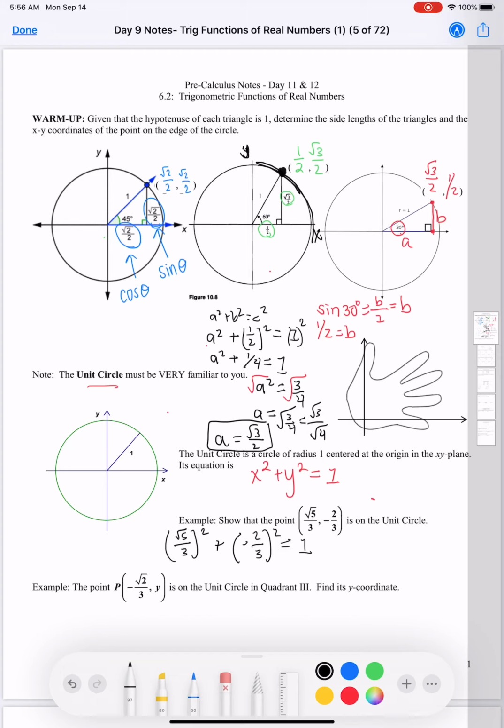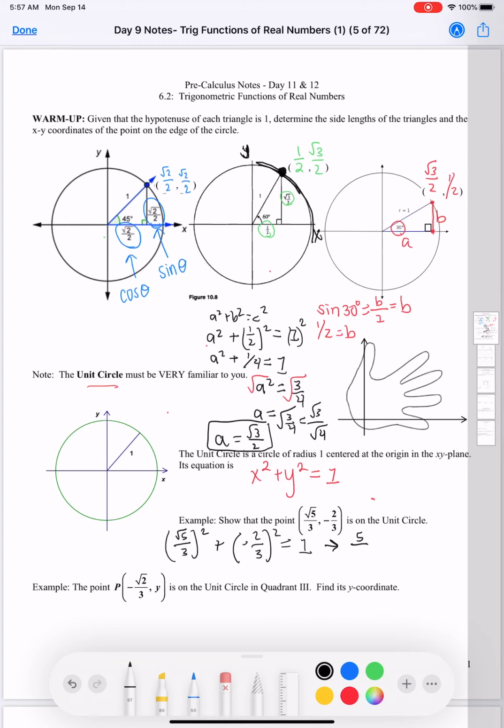Okay, and now I'm going to solve. So I have root 5. Remember, when we square something, we're multiplying it by itself, and we multiply fractions straight across. So root 5 over 3 times root 5 over 3. Well, on top, root 5 times root 5 is going to give me just 5.